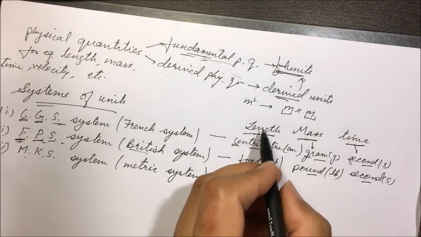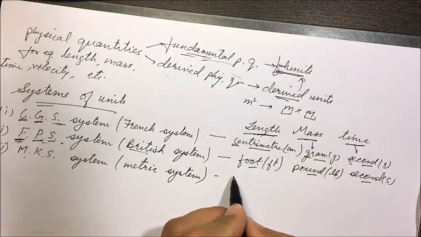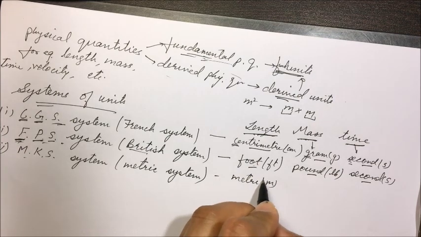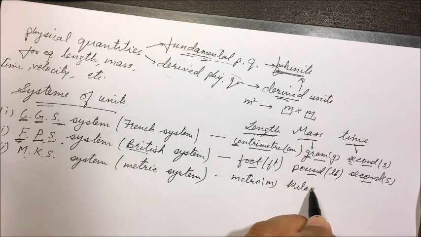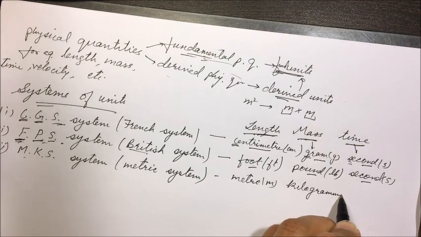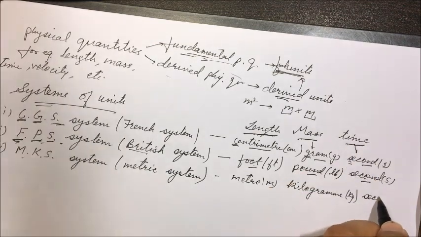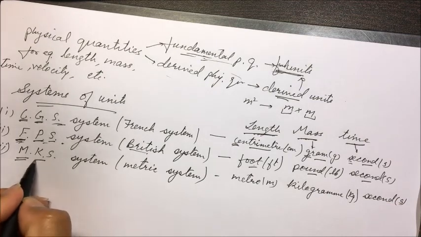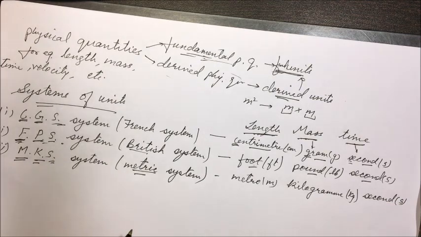In the MKS system, for the measurement of length, the unit defined was meter. For mass, it was kilogram, kg, and for time it was second again. So meter, kilogram, second, MKS, or we called it the metric system.